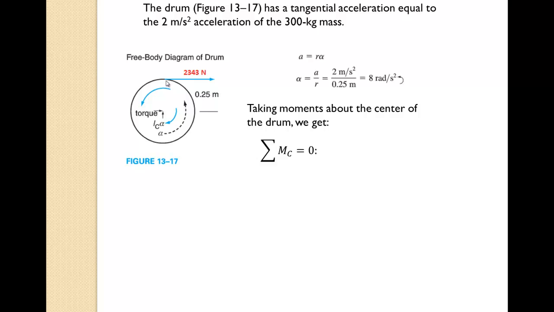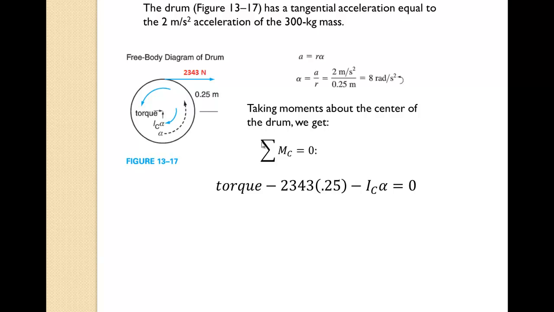And then we also have to deal with this 2343 newton force, which is going to create a torque in and of itself. So we would say that the torque minus 2343 times 0.25, because we're going to say that the positive value of the moments about the center of the winch or the center of the drum is going to be counterclockwise.